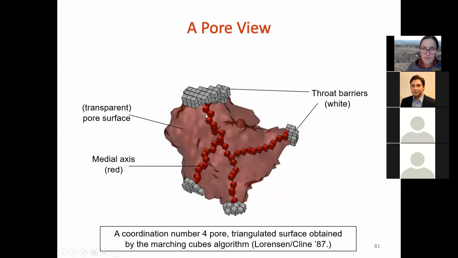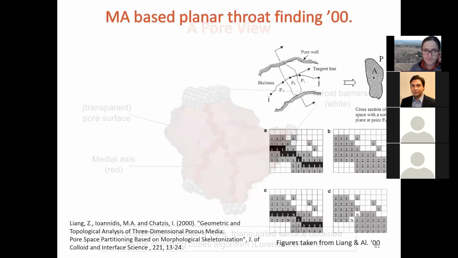And you can now see this surface as a transparent pore, and there's a medial axis path within. So this is actually the coordination number for the pore. I have 1, 2, 3, 4 throats in 3D. And you can see these throat barriers in white and a medial axis inside of the pore to provide you with how the space looks.